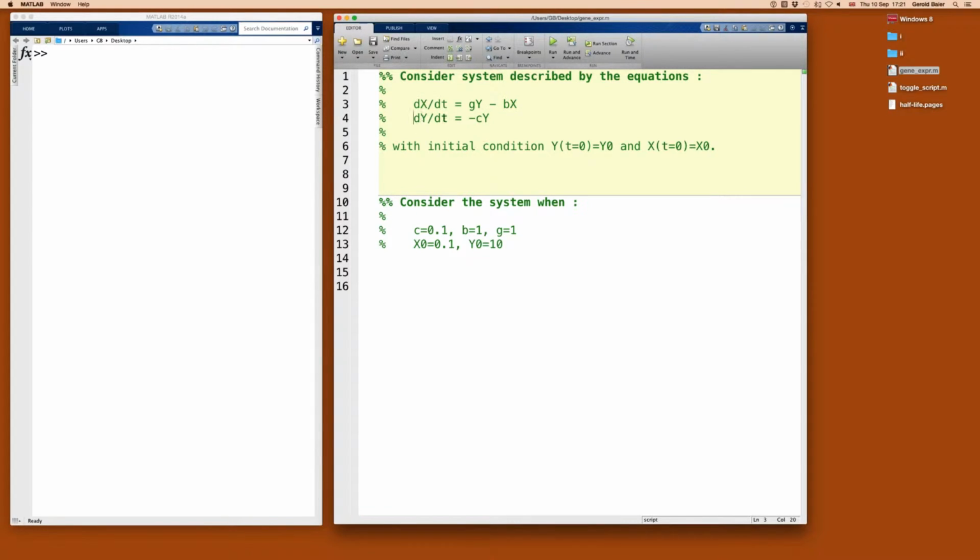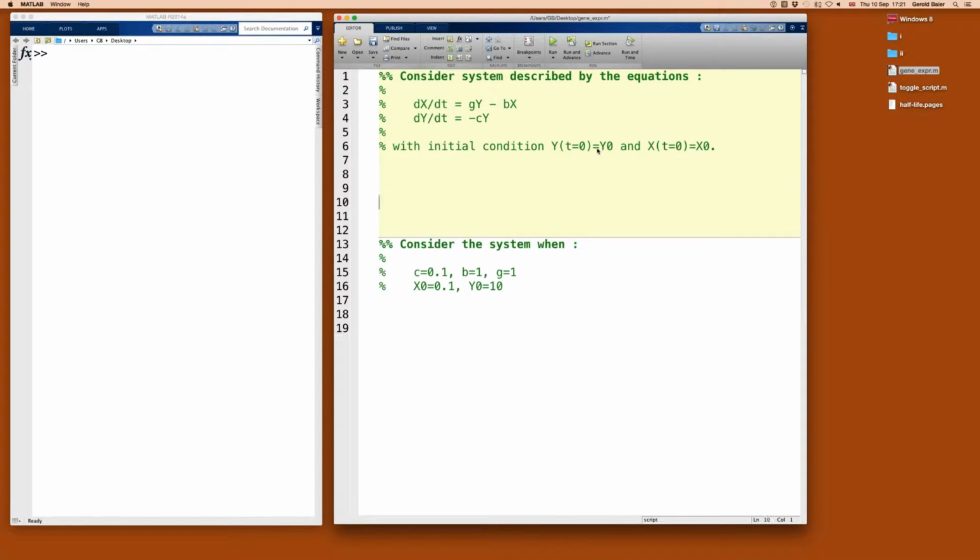Also, we have the rate of change of y being equal to minus c, some parameter, times the variable y. We also know that the initial conditions at time 0, y equals y naught and x equals x naught.